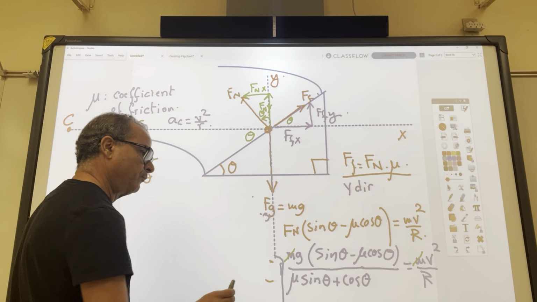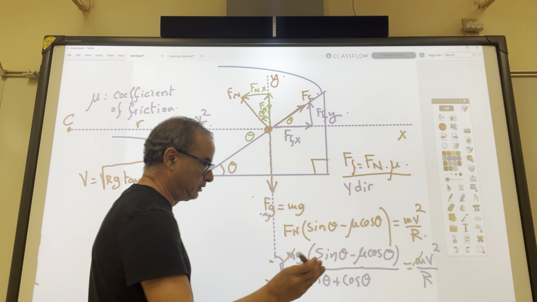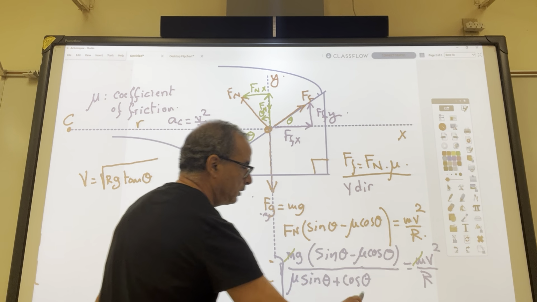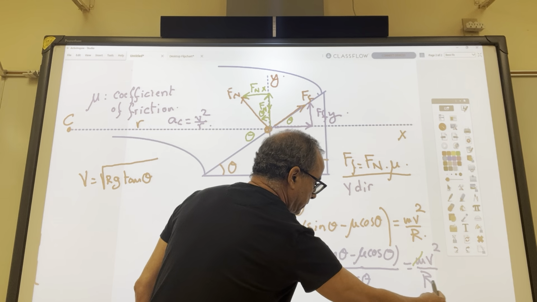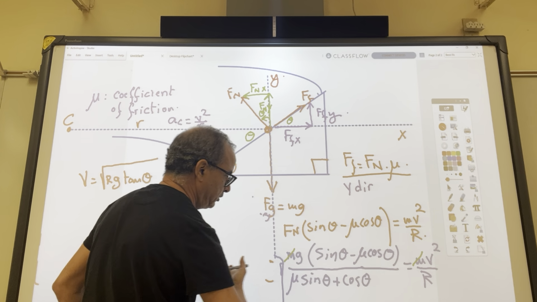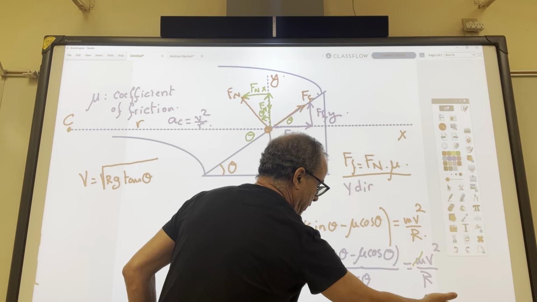Just like we did in the previous video, the first thing we have to do is multiply both sides by r, so we isolate the v squared. The r and r cancel out.